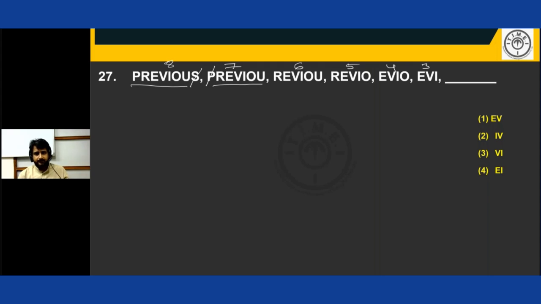PREVIOUS, P is missing, so remaining is REVIOU, and U is missing, REVIO, and R is missing, EVIO, and O is missing, EVI. So first and last letters are missing always. Earlier the last letter is missing, now the first letter should be missed. So E is missing, so remaining is what? VI. So your answer is VI.